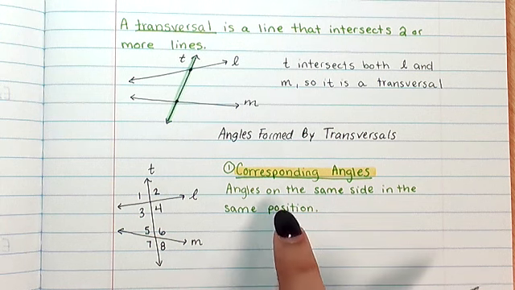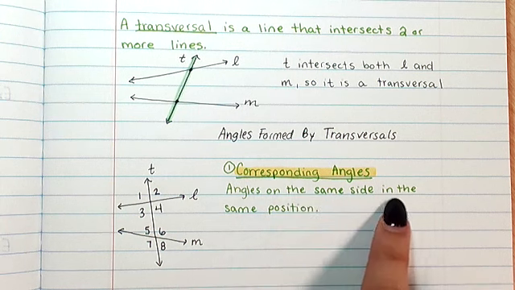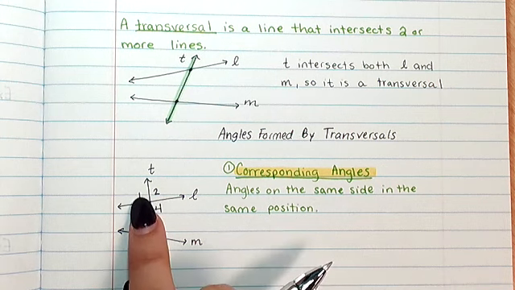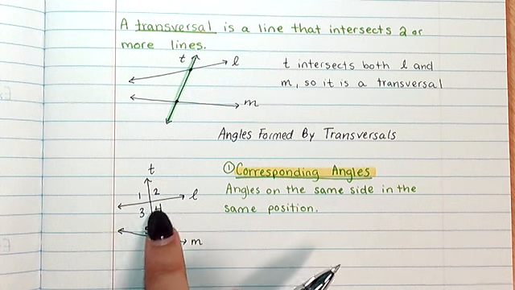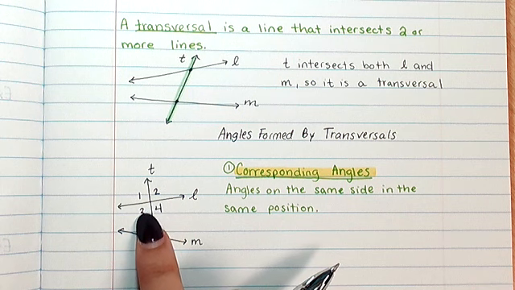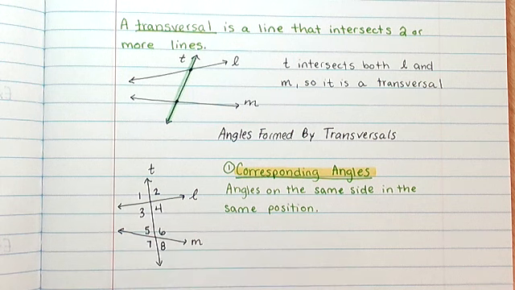Now, there's also same position. What does that mean? Well, we have kind of a square here. Upper left, upper right, lower left, lower right. Those are the positions. We see the same down here.